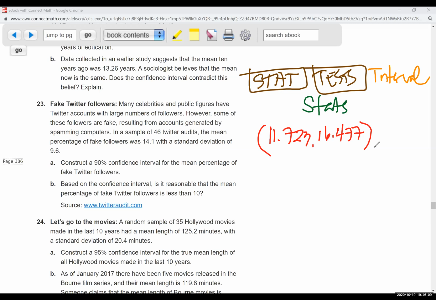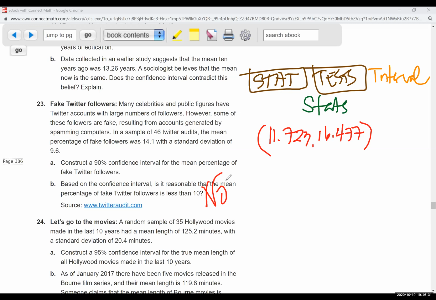No, because the lowest is 11.7. Yes, the answer is no, because it's not within the interval. Your computed interval is from 11.7 to 16, and less than 10 is not in it. So yes, the answer is no. Okay.